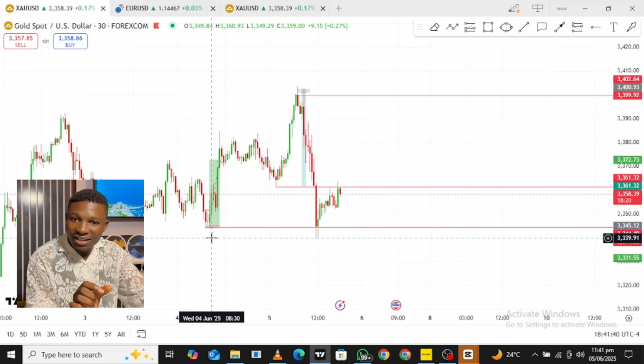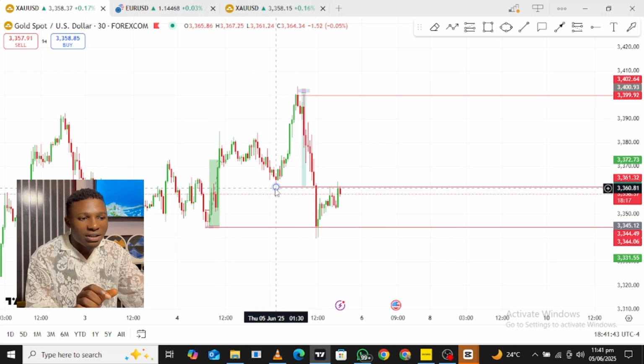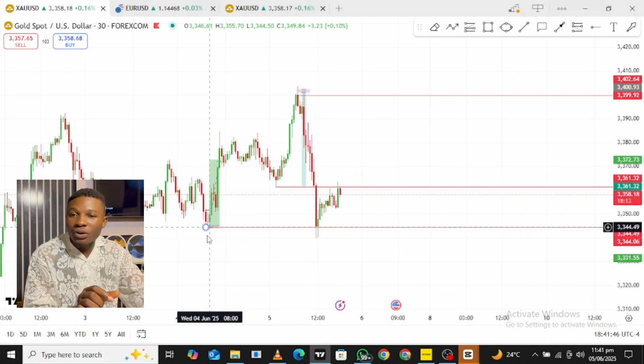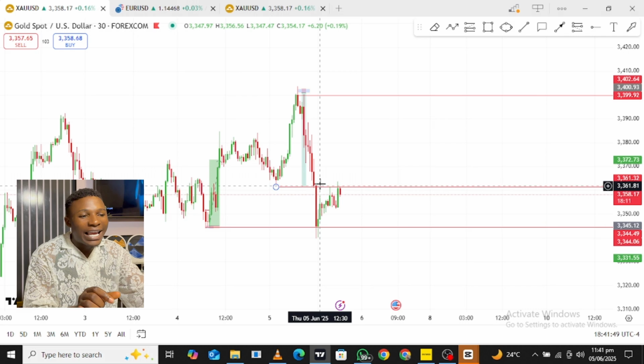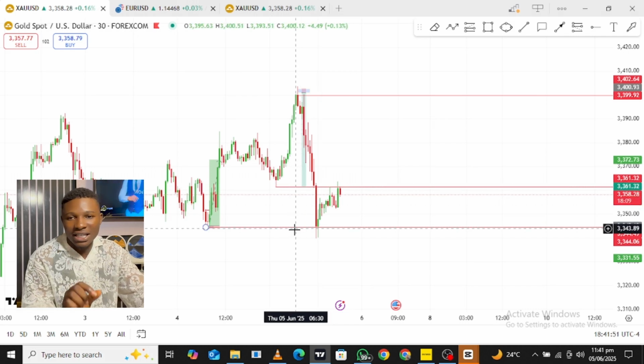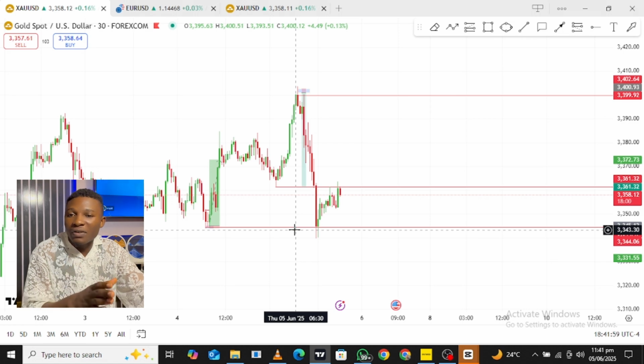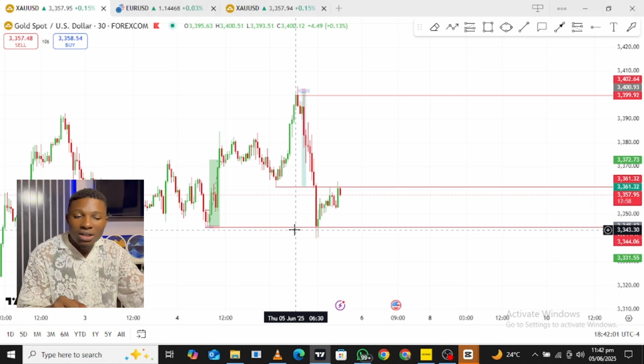Can you see? I was expecting price to just take out this particular low and then react in this particular area before going all the way below this particular low. But price ended up taking the two lows at this time. So sometimes it's going to happen like that. You'll be expecting price to react and the price will not react. So that's why you have to wait for confirmation before you enter into any trade. So that's just for that.